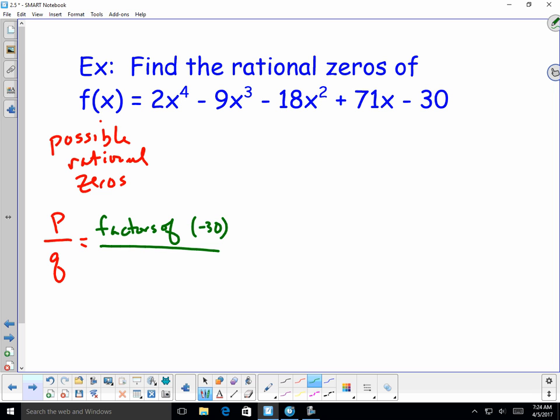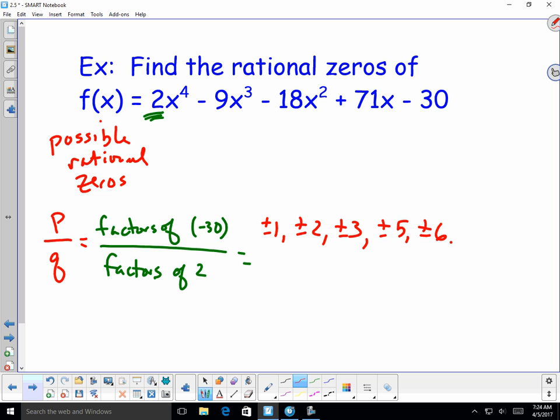And then our q values are going to be factors of our leading coefficient of 2. So what are my factors of 30? What numbers go into 30? Well, plus or minus 1, plus or minus 2, plus or minus 3, plus or minus 5, plus or minus 6, plus or minus 10, and plus or minus 15, and plus or minus 30. Hopefully I didn't miss any.